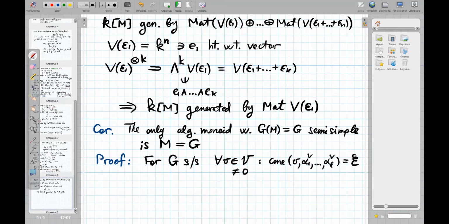Let me draw it on the picture to make it clear. You have the negative Weyl chamber, say here.